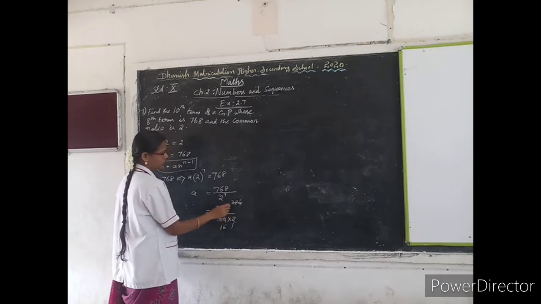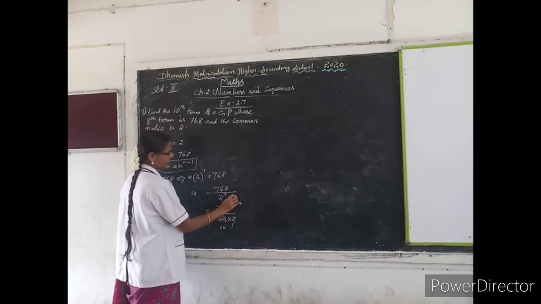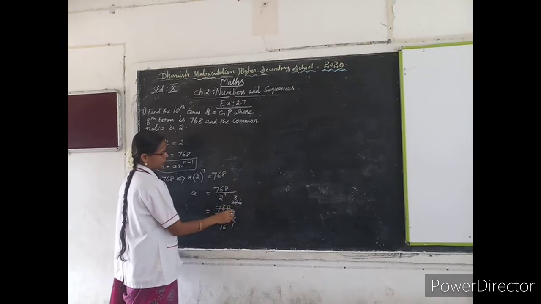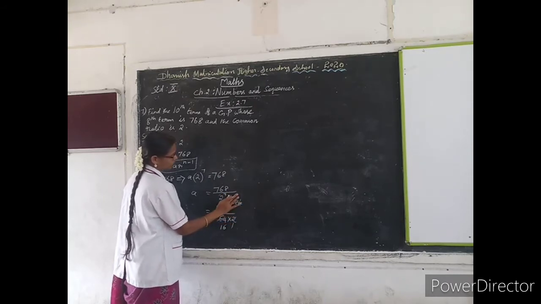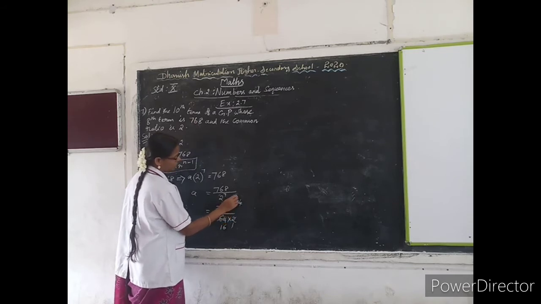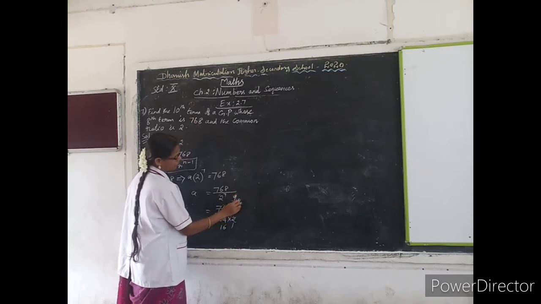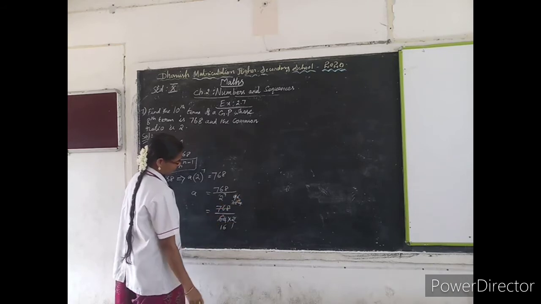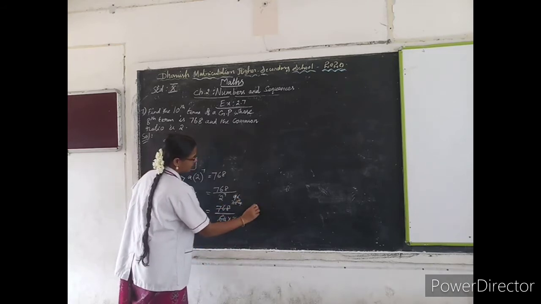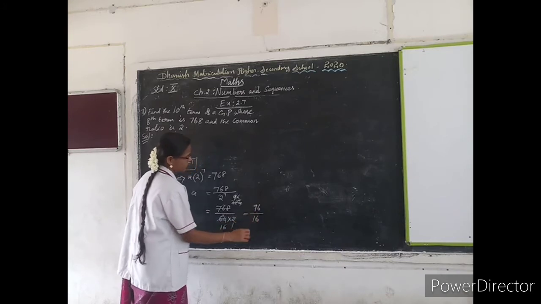Here also the 4th table, 8 4s are 32. Remainder none. 9 4s are 36. Remainder 2. 6 4s are 24. So 96 divided by 16.